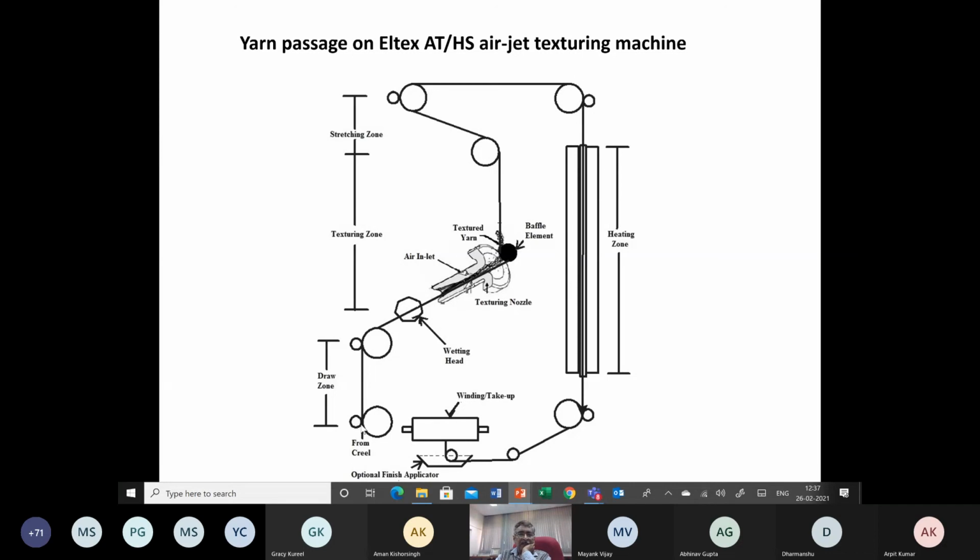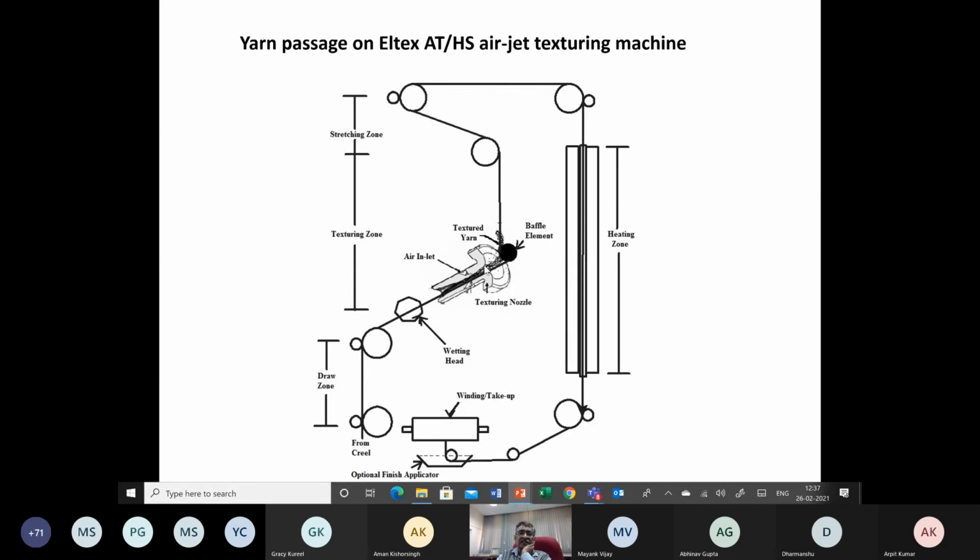This is a multi-filament yarn coming from the creel, and this is a guarded roller, and this is a hot pin. Suppose the filament yarn is a POY, partially oriented yarn, then it is drawn above the glass transition temperature. Then it is wetted by a bath or maybe a water jet.